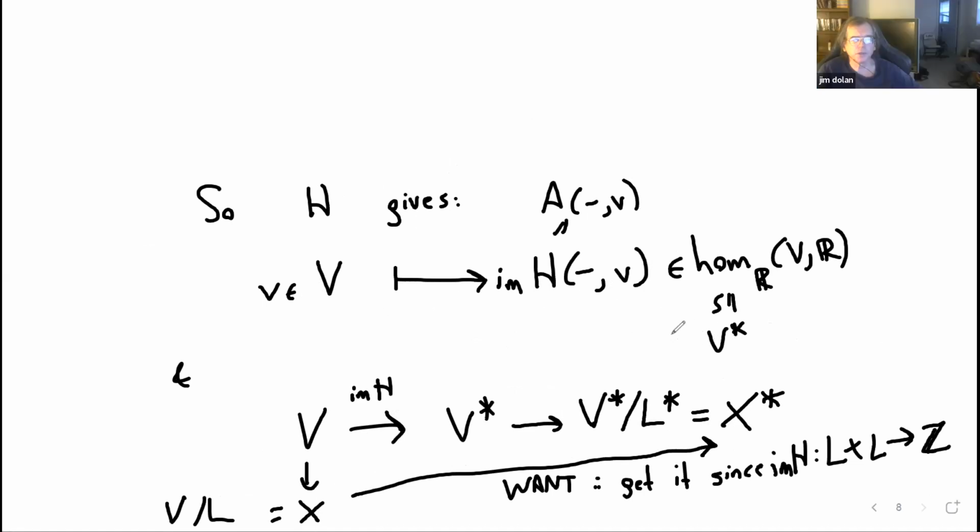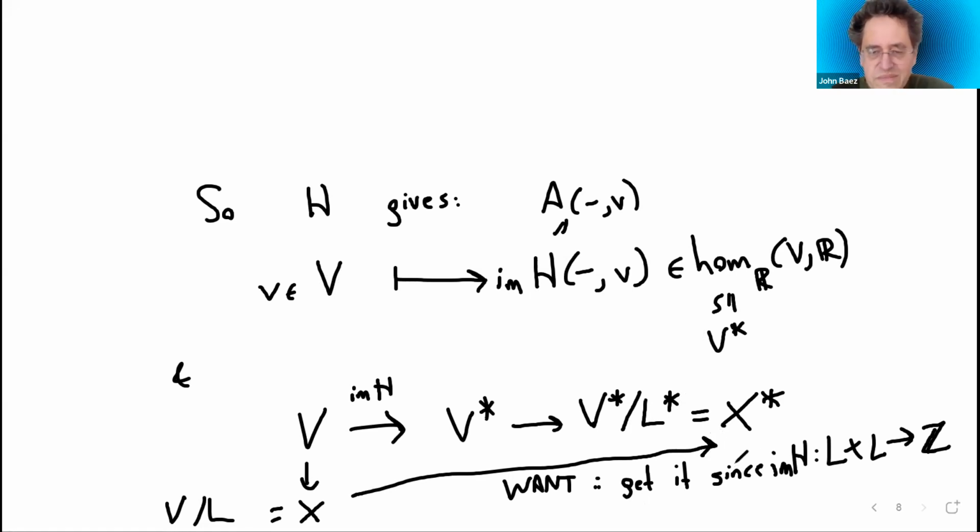And this map from V to V dual was coming from this bilinear form. But it wasn't just any old real bilinear form, it was an anti-symmetric bilinear form. So there was an extra property of this map from V to V dual, and I'm expecting this extra property to manifest at this level of the map of complex tori.